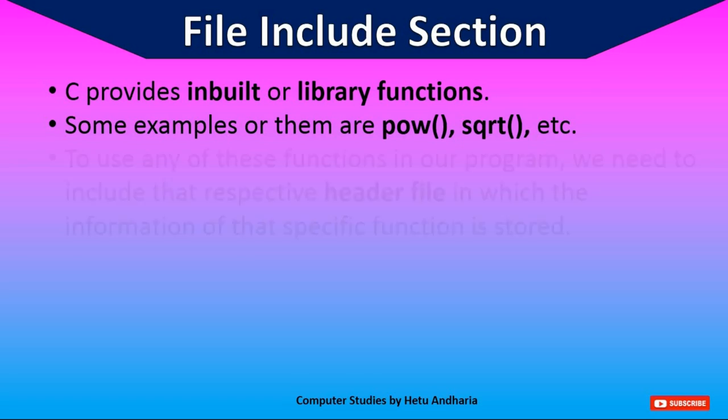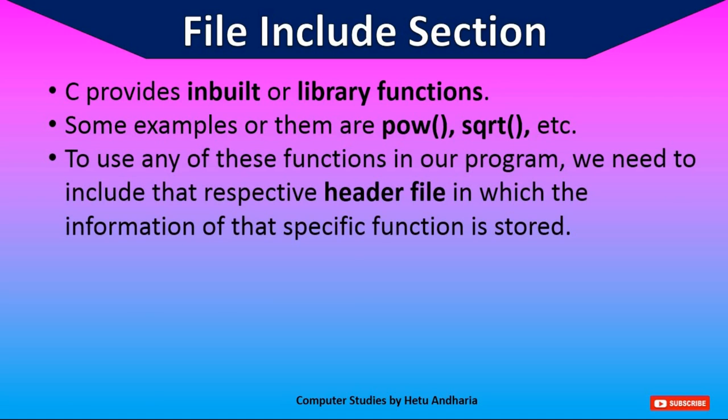But to make use of any function in our program, we need to include the respective header file in which the information of that specific function is stored. Now there are various header files in C language. Suppose mathematical functions are stored in math.h.